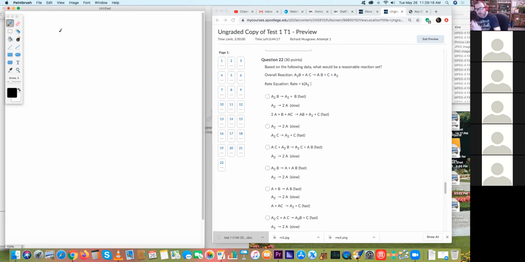Now I'm going to stop here for a second. Does anybody in the audience have any questions about what we just talked about? It's really important. Because that A2 is not the first step, you can make the argument that it comes from the reactant A2B. That's the whole point though, isn't it?